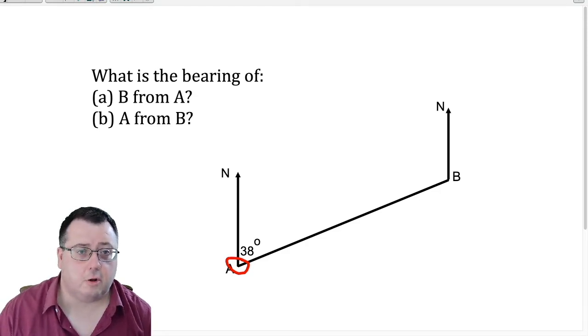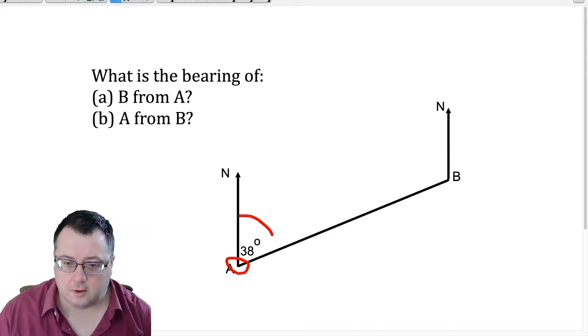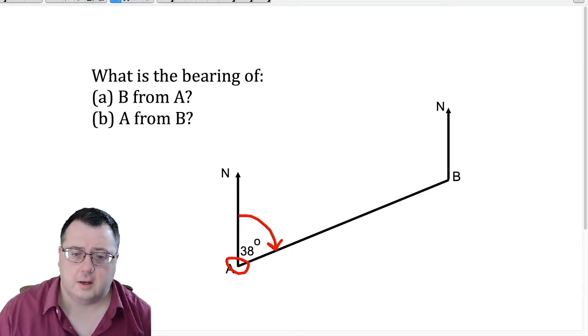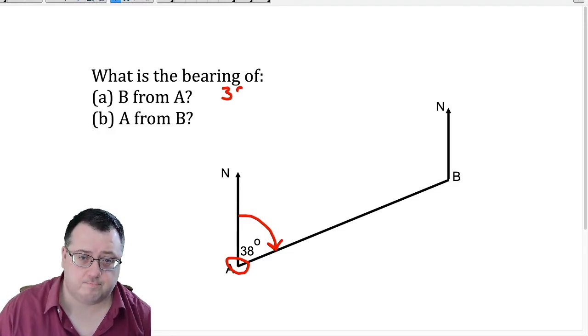We then measure clockwise to the line we've got to travel to get from A to B, and then we have to work out how much that is. So here we've got 38 degrees. Is my answer just going to be 38 degrees? No, it isn't.